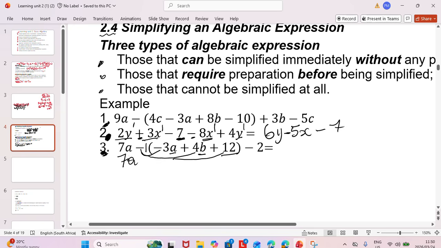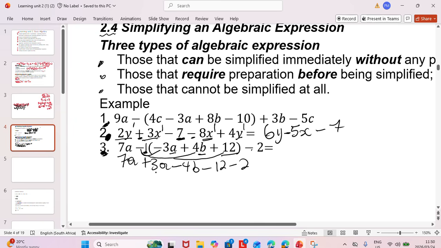So this is what will happen. Minus 1 times minus 3a, it will be a positive 3a. Minus 1 multiplied by a positive 4b is minus 4b. Then minus 1 multiplied by a positive 12 is negative 12. You still have that minus 2.